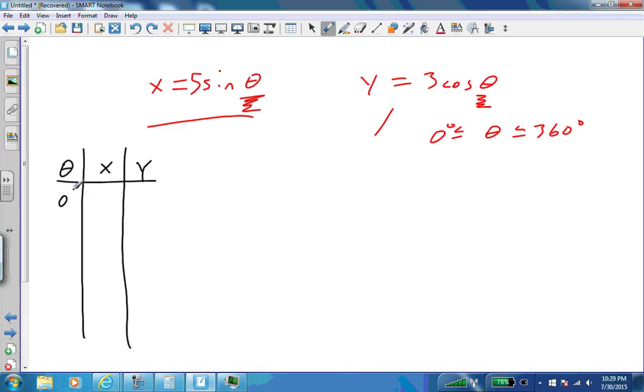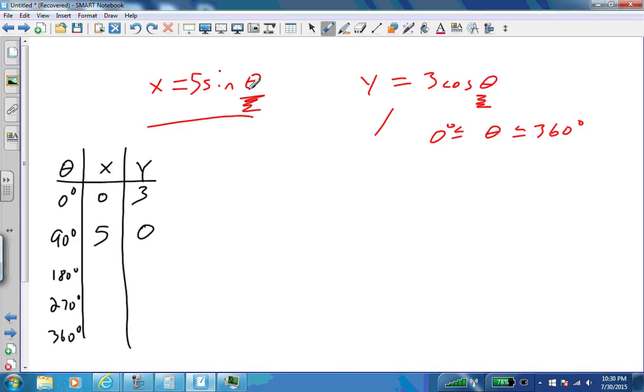If we do 0 degrees, 90, 180, 270, and then back to 360, then sine of 0 is 0 times 5, so still 0. Cosine of 0 is 1 times 3 is 3. Sine of 90 degrees is 1 times 5. Cosine at 90 is 0.